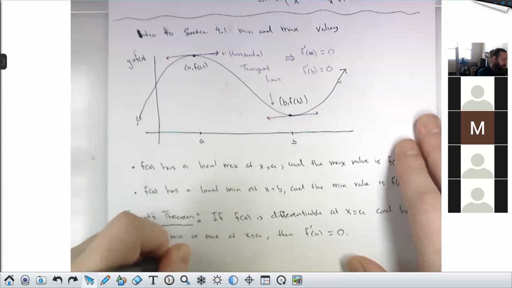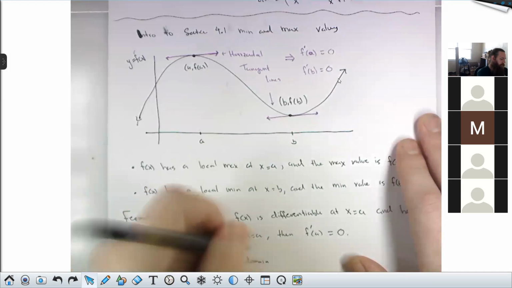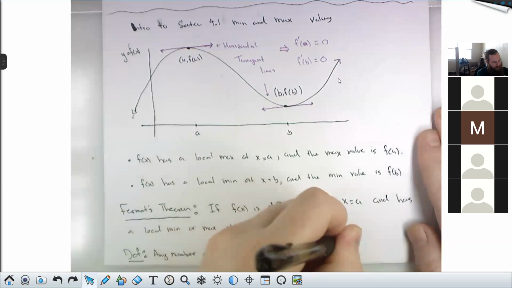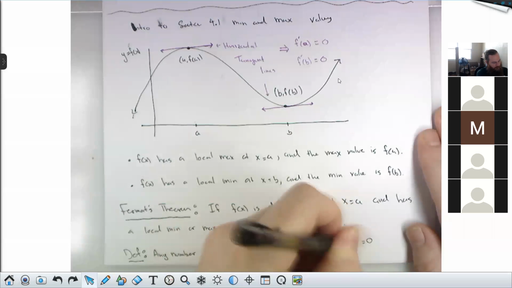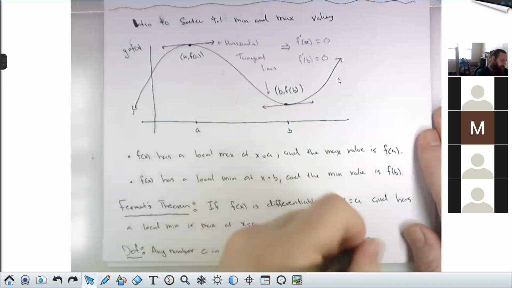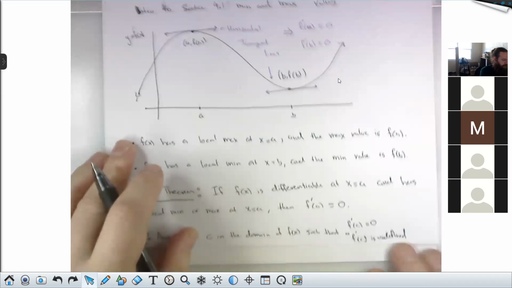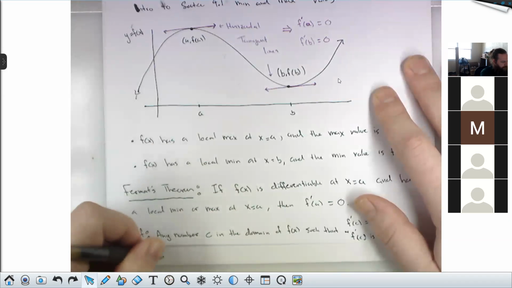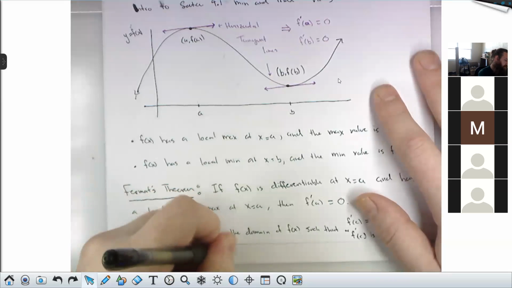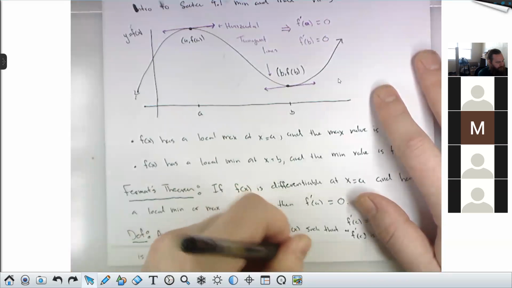Any number c in the domain of f such that f primed of c is equal to 0, or f primed of c is undefined, is called a critical number for f of x.